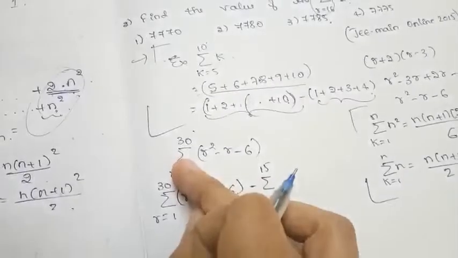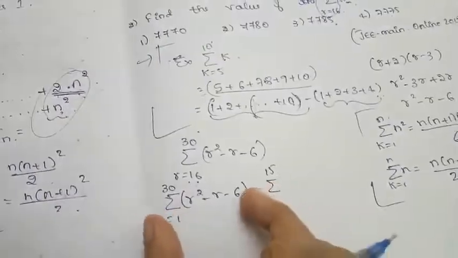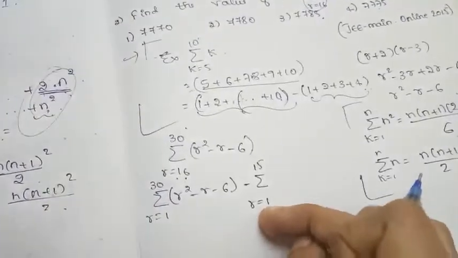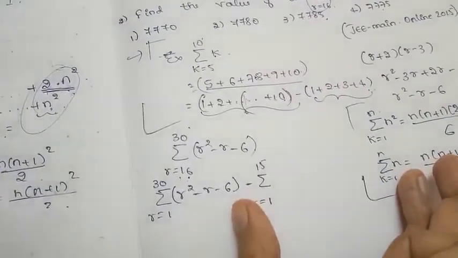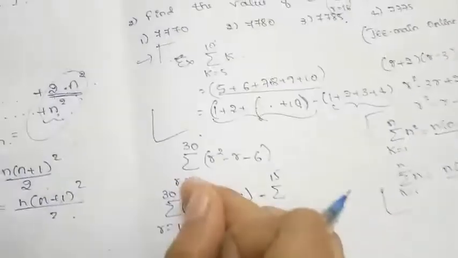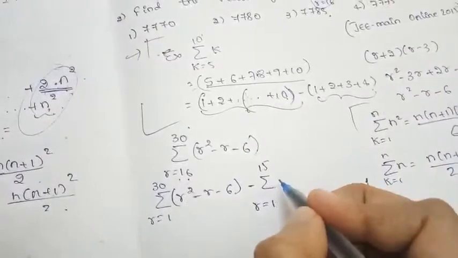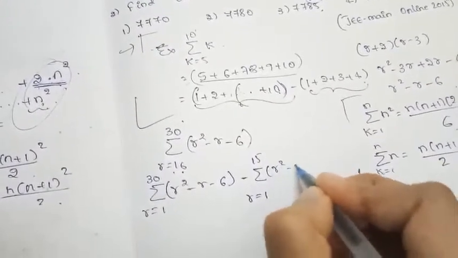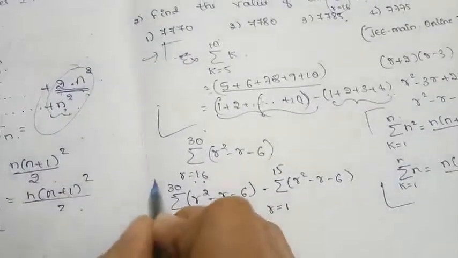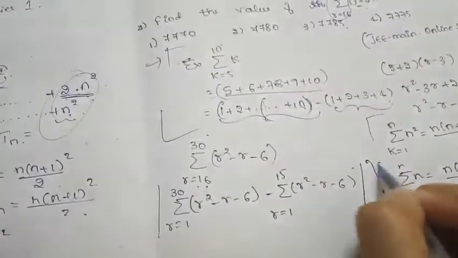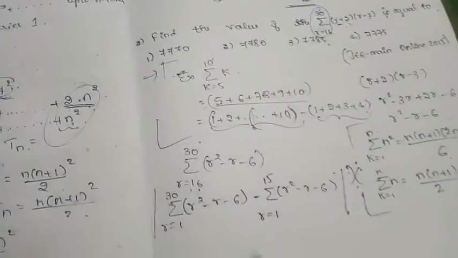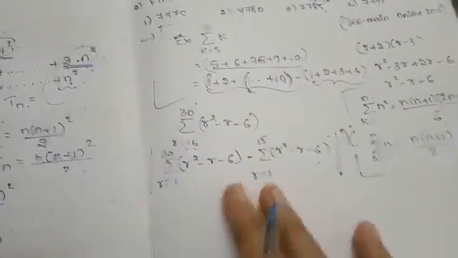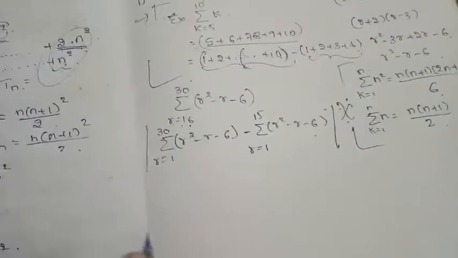Then we are going to get the summation from 16 to 30. That is the basic idea which you need. This is the important step to simplify this question. The rest of the thing is purely formula.